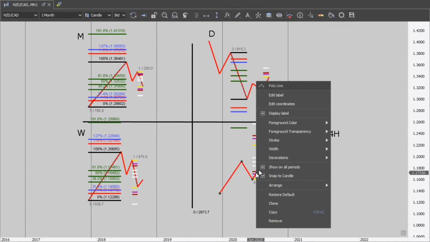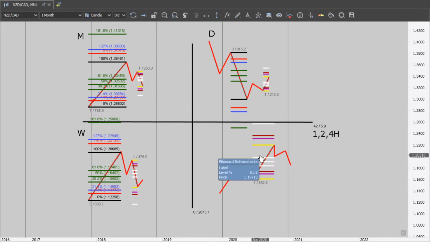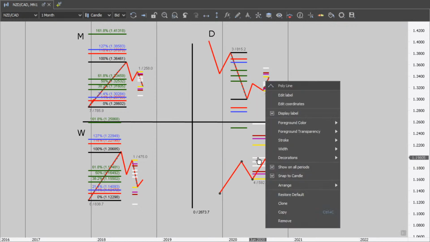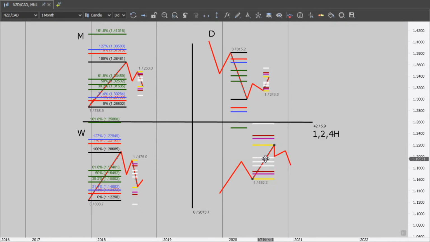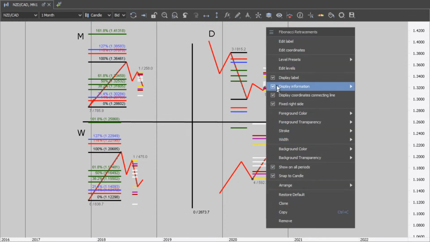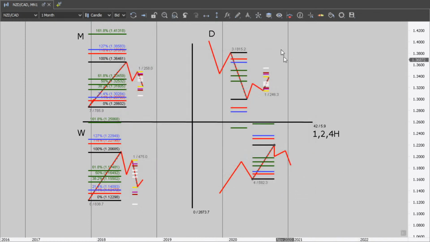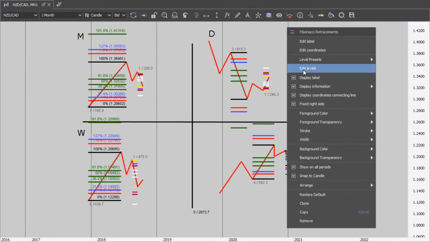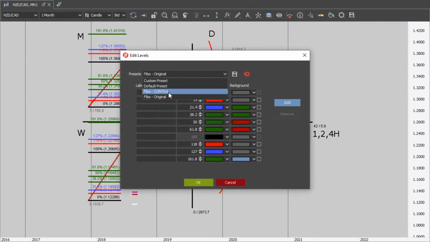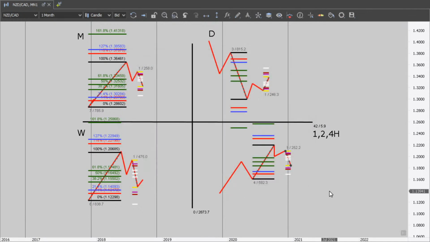This is going to be the original one. Come on, there you go. This is going to be the original one, edit levels, original colors, and the Contrarian, edit levels one more time. Original Contrarian, there you go.